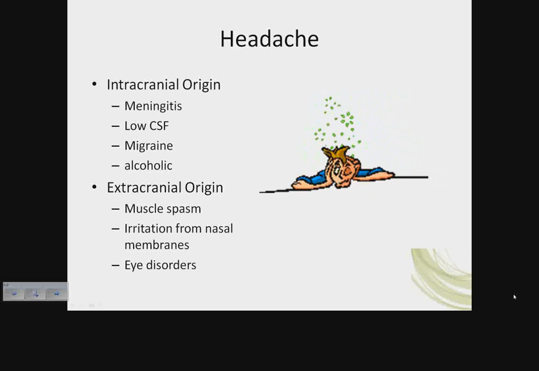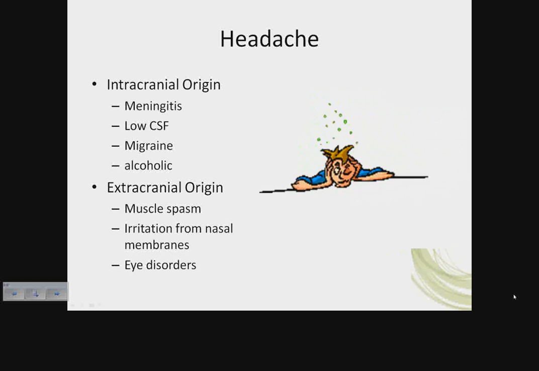Alcoholic headache. As many people have experienced, a headache often follows excessive alcohol consumption. It is likely that alcohol, because it is toxic to tissues, of course, directly irritates the meninges, because it can cross the blood-brain barrier and therefore causes the intracranial pain.